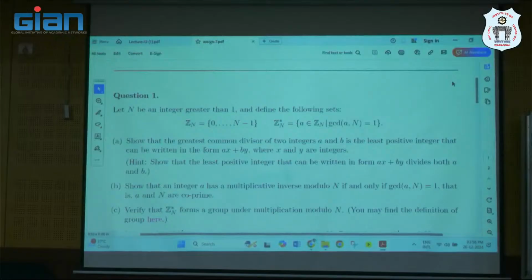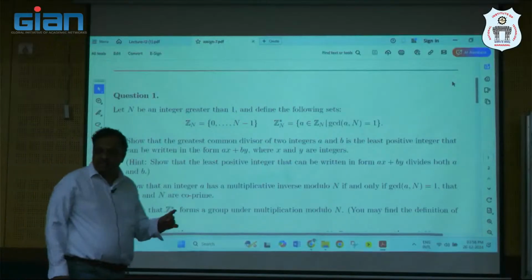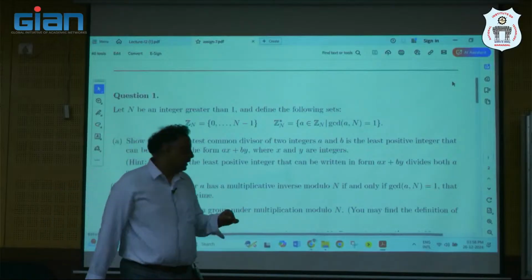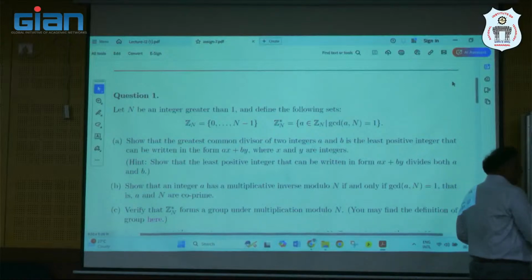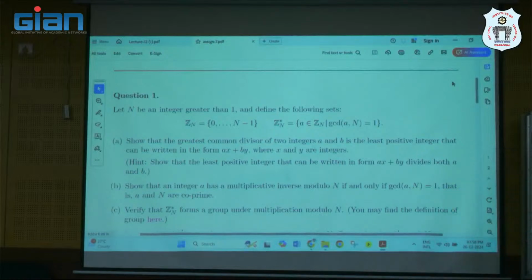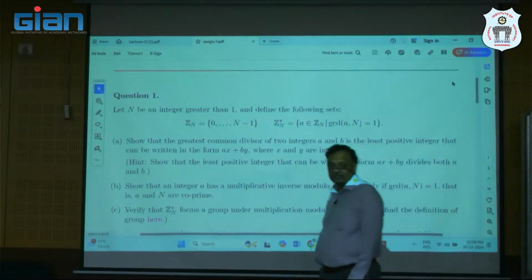So another conclusion from that is, if the GCD is 1, then the smallest possible number that can be written in this form is 1. Correct?